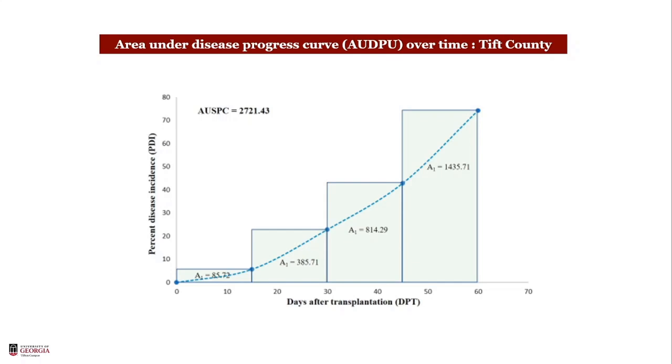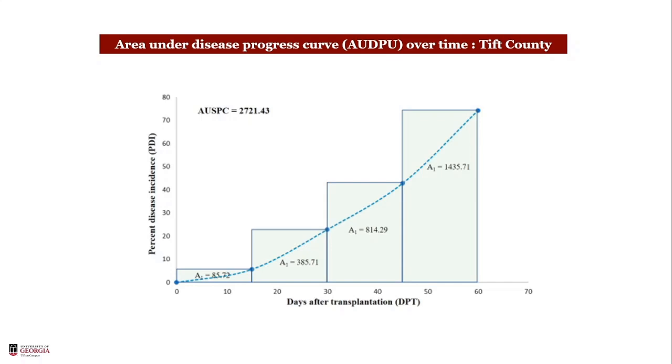In Tift County, the first disease appearance is around 15 days post-transplant, and by 60 days, 100% of plants are showing symptoms. Whether it has a single gene, or 2 genes, or is a susceptible check, all are showing 100% disease incidence by 60 days.